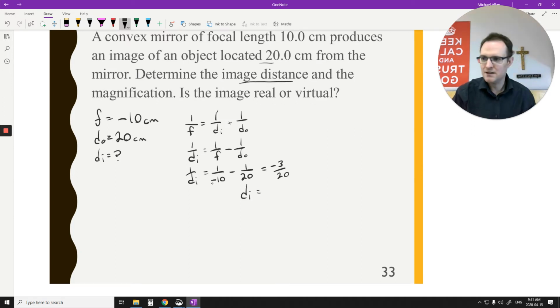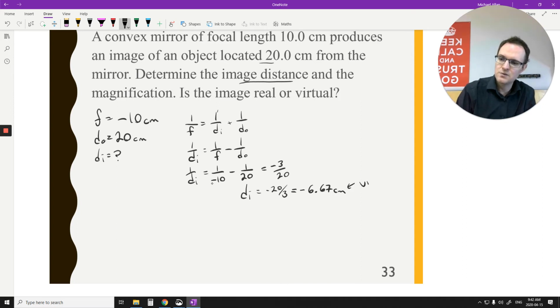So this ends up being negative 20 over 3, which, because we're in physics, we like decimals more than fractions. This ends up being negative 6 point, and we have 3 sig figs, 6.67 centimeters. Now we've got a negative here, so this is a virtual image because of the negative part. Okay, so we have this nice little virtual image.